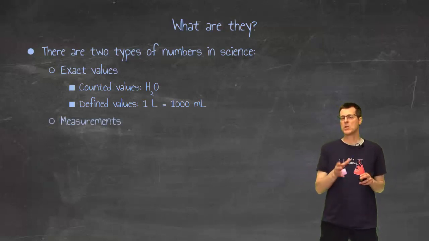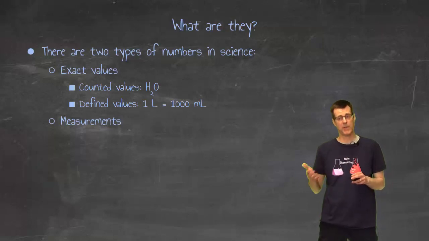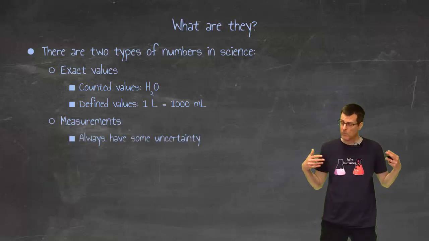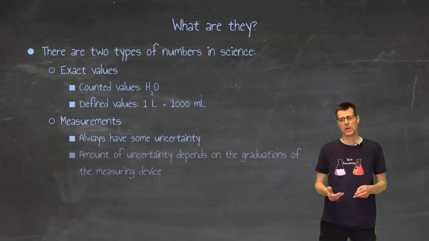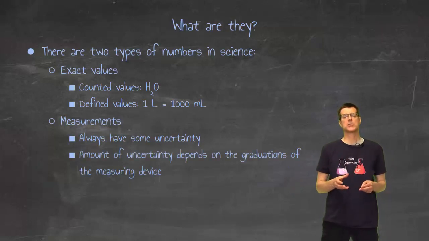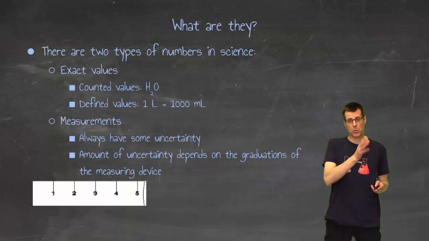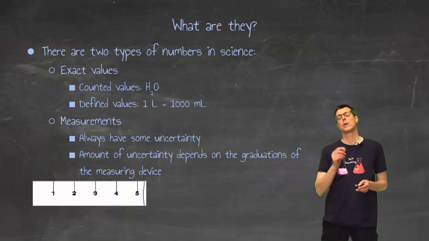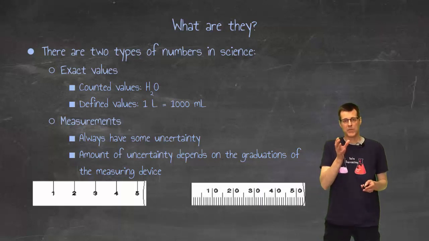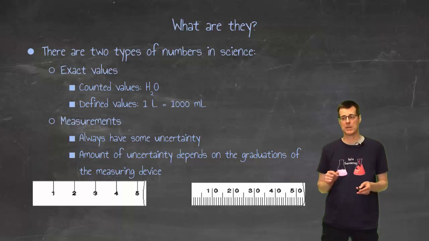The other one is measurements that are not exact values. So they always have uncertainty. And then the amount of uncertainty depends a little bit on what you're using to measure them. So for example, if I have a ruler that looks like this, where the numbers go from 1 to 2 to 3 to 4, well, I could also have a better measuring device where I've got the little minor ticky marks in between.